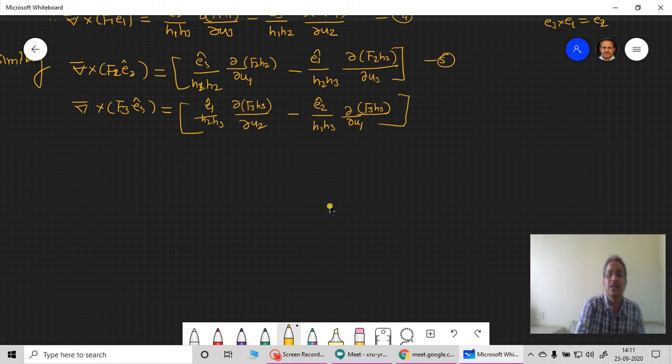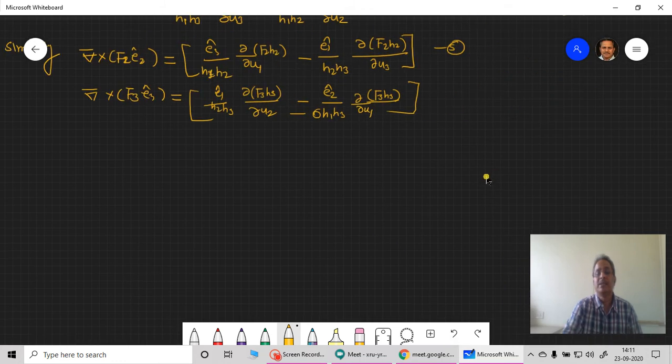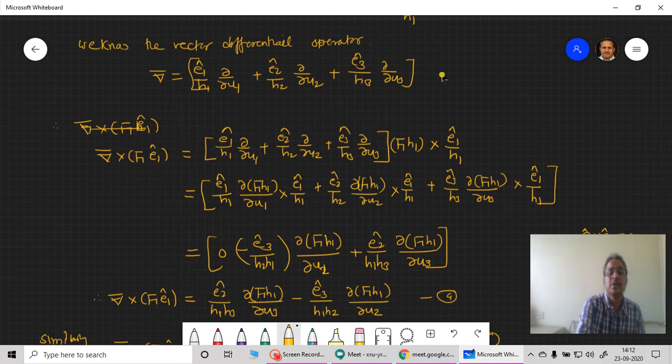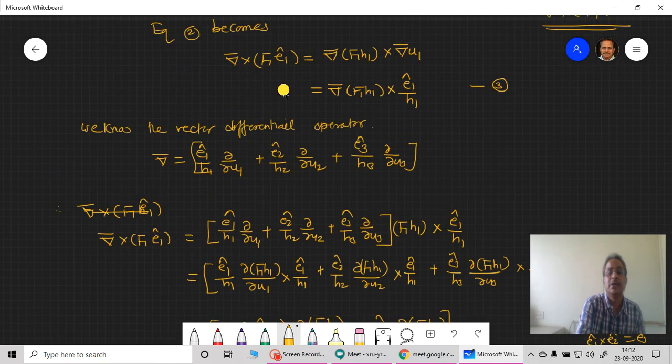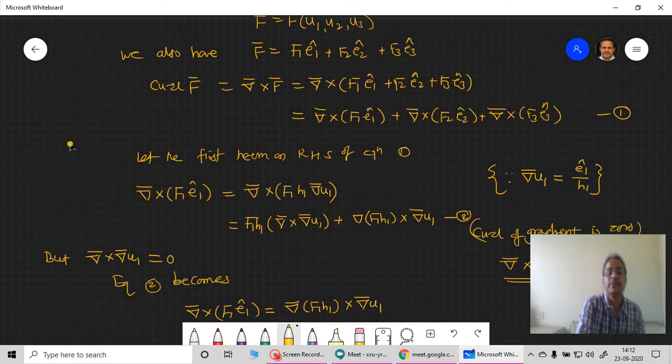Now these are equations 4, 5 and 6. I can use these equations in our equation number 1, where we have started. These relations can be used here. We have considered only one part of that here.